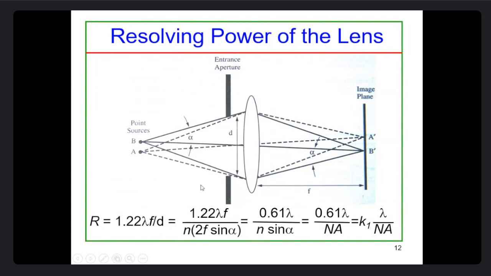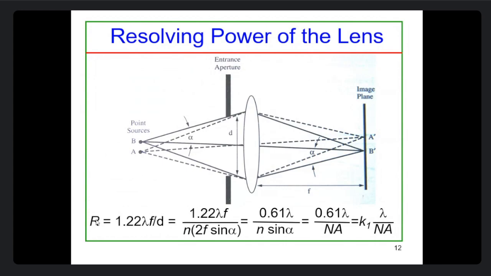That is why I mentioned people went from ultraviolet to deep ultraviolet, and now the extreme ultraviolet, or even from the optical domain to the non-optical domain, using electrons or X-ray and higher energy particles. There also their lambda is very small, depending on the energy. So you can make this value smaller.